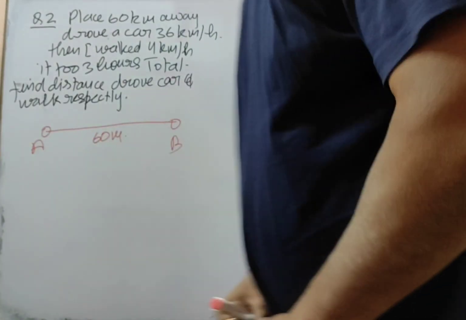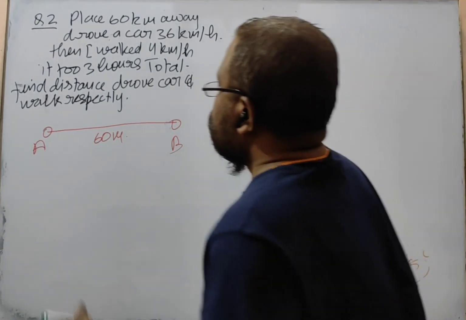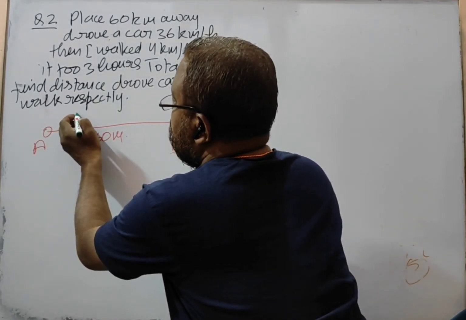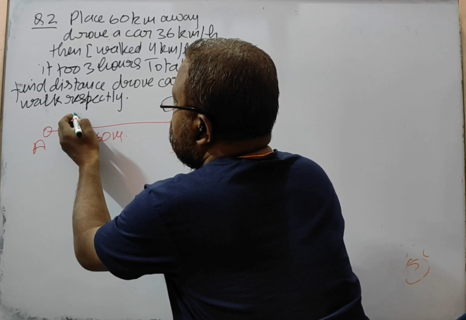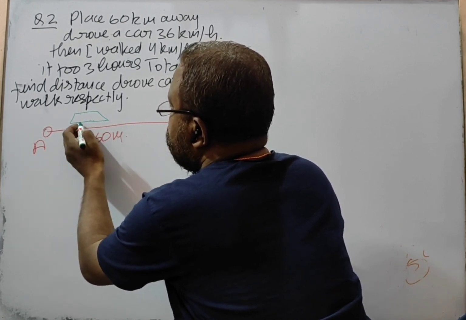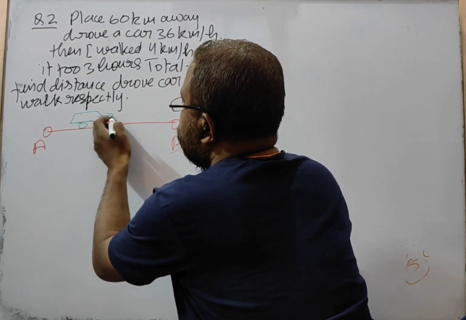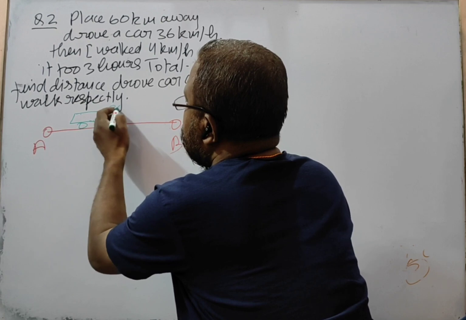Suppose you drove a car at the speed of 36 kilometer per hour.